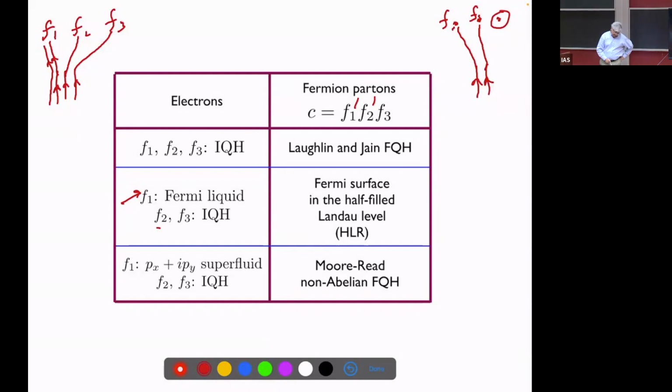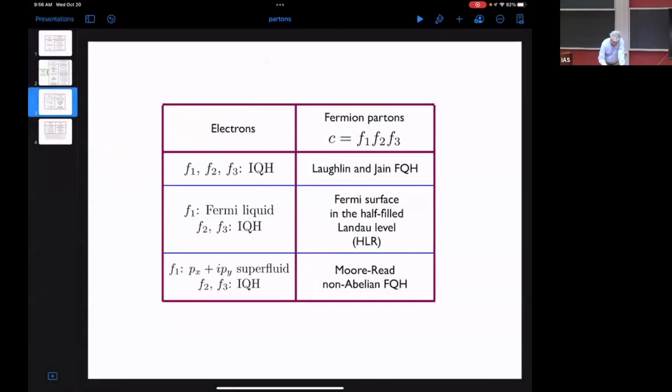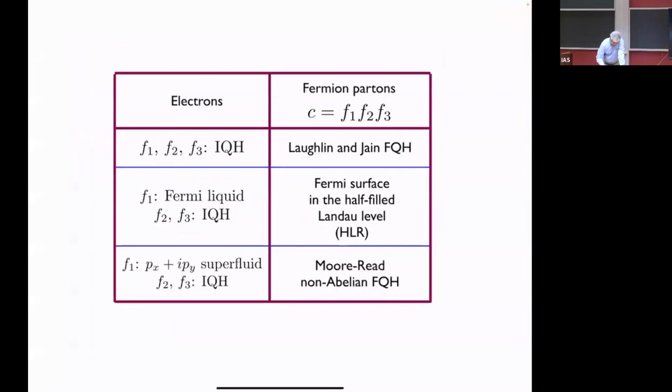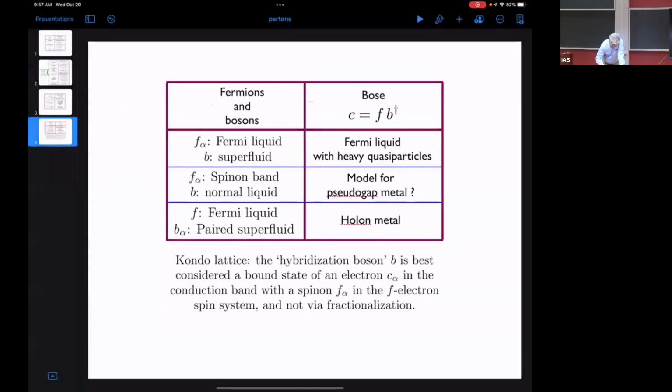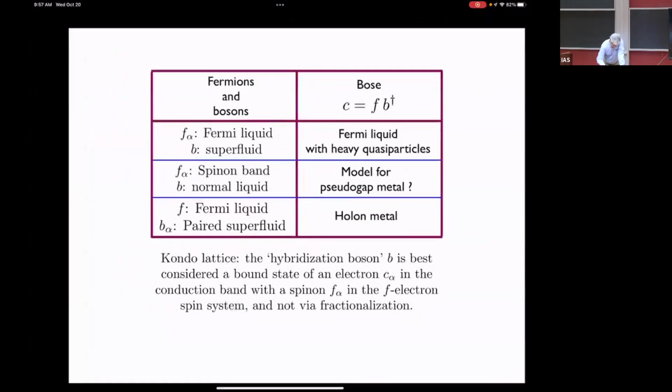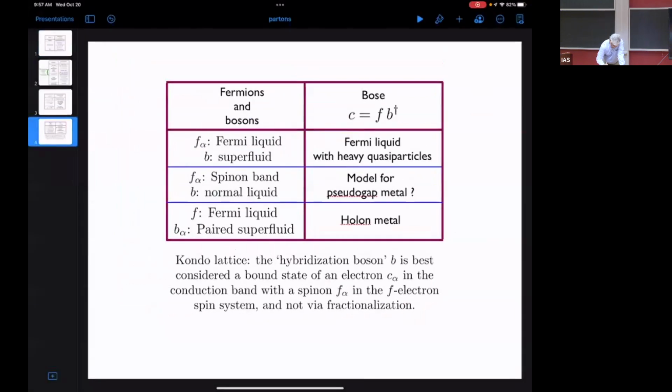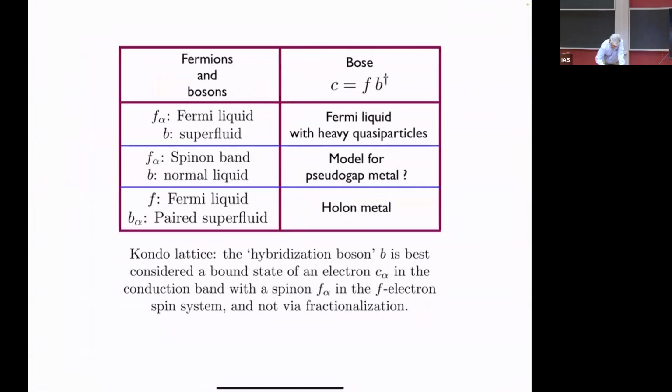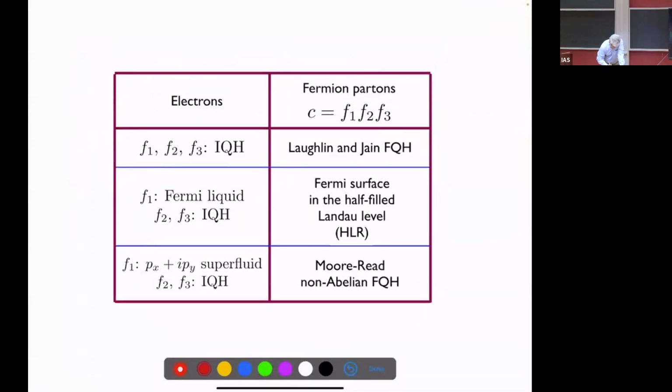Okay, so another thing you could do is exactly at nu equals 1/2. Oh, I lost everything. Okay, so if you have nu equals 1/2, you have 2 flux quanta, and then you have 3 partons.